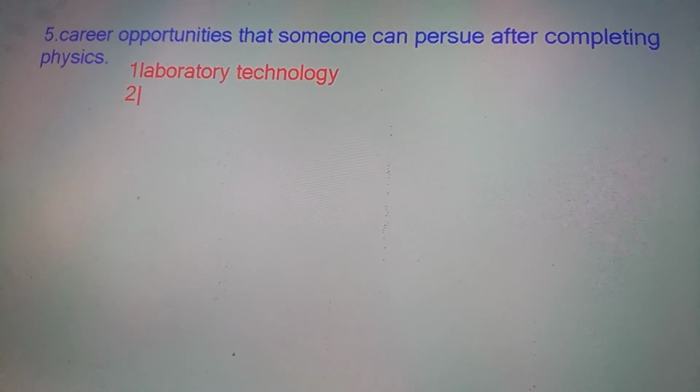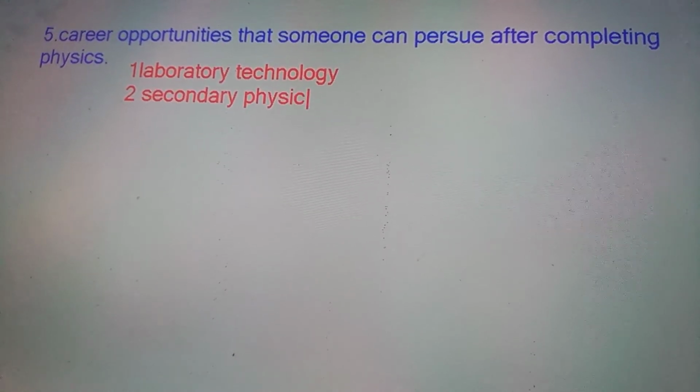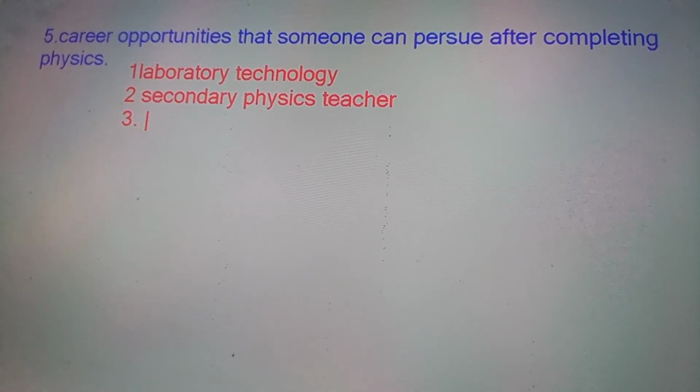Number 2, you can work as a secondary physics teacher, like me, a physics teacher. Number 3, you can, for example, work in mapping and surveying.